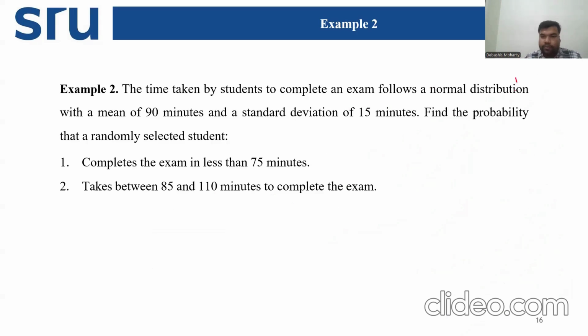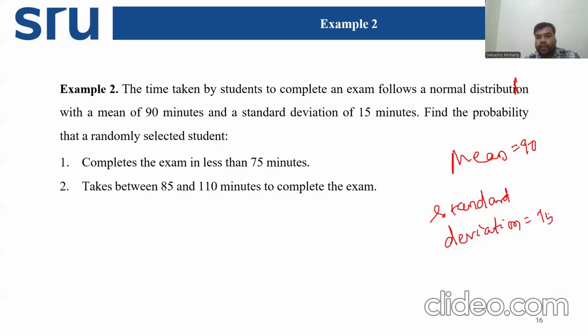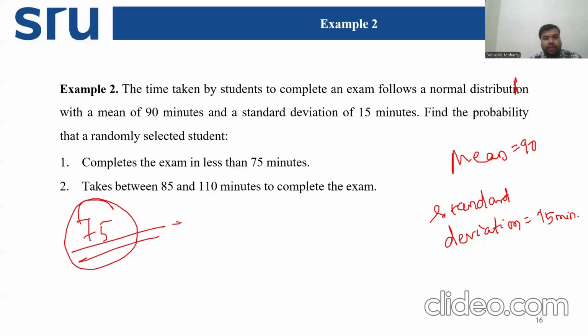So here the mean is given as 90, standard deviation is 15 minutes. Find the probability that a randomly selected student completes the exam in less than 75 minutes. So you need to compute the probability of less than 75 minutes.